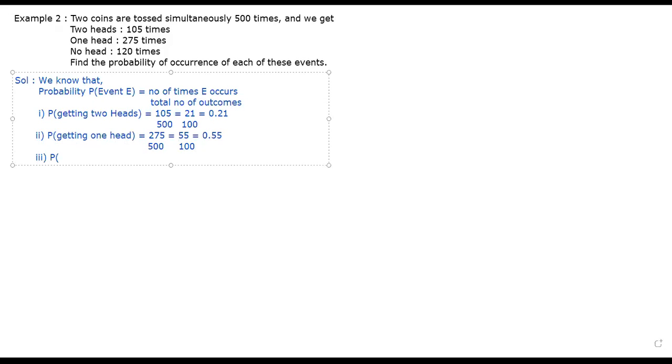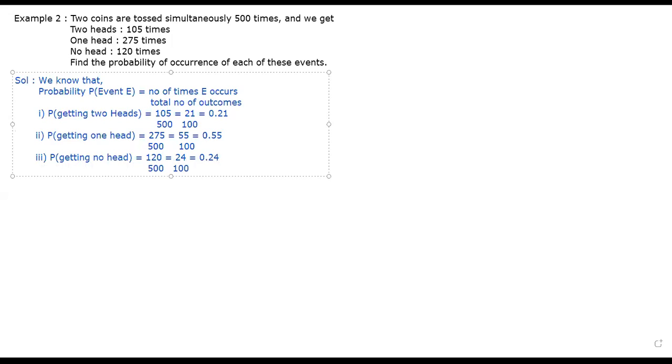And probability of getting no head, 20 upon 500, that is equal to 5 2s are 10, 5 4s are 20, 24 upon 100, which is equal to 0.24.